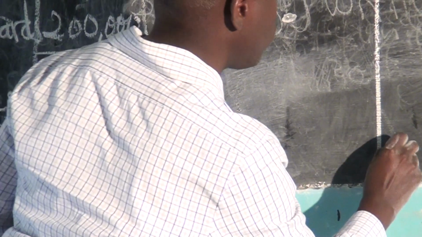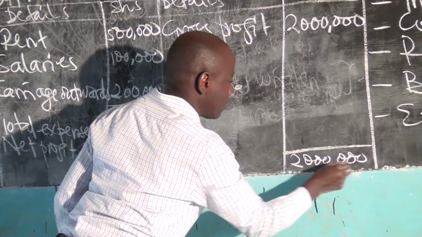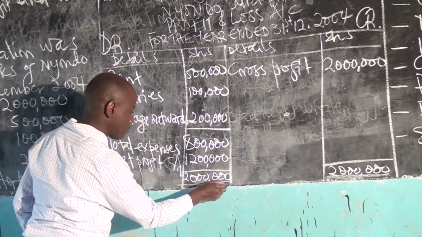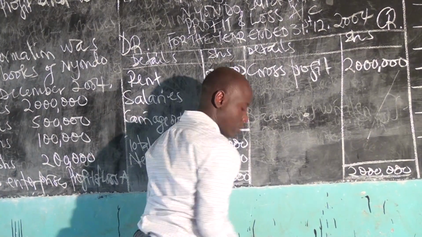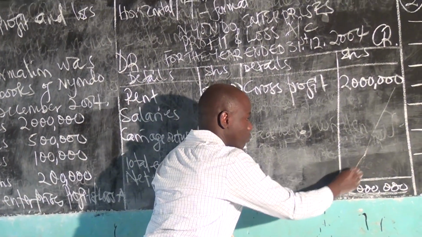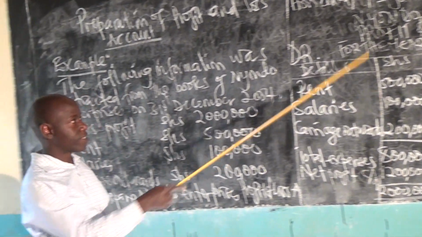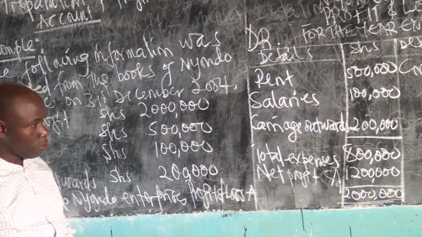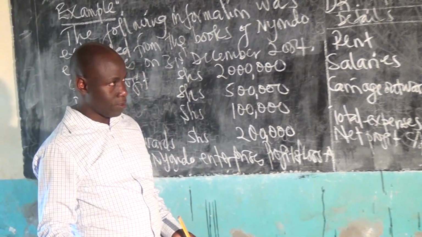Even here we have 2 million. And we shall say the two sides are balanced. You don't want people to write other figures here, so you put a small line. And this is our profit and loss account using the horizontal format.